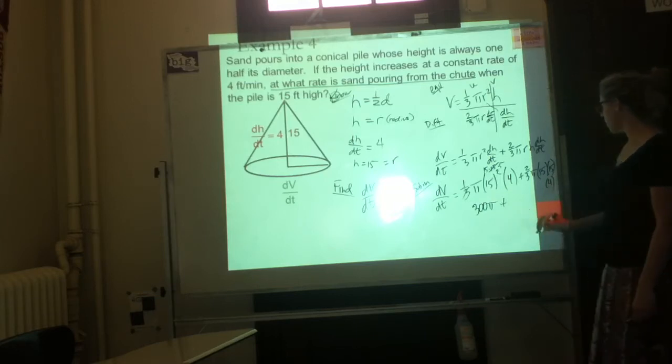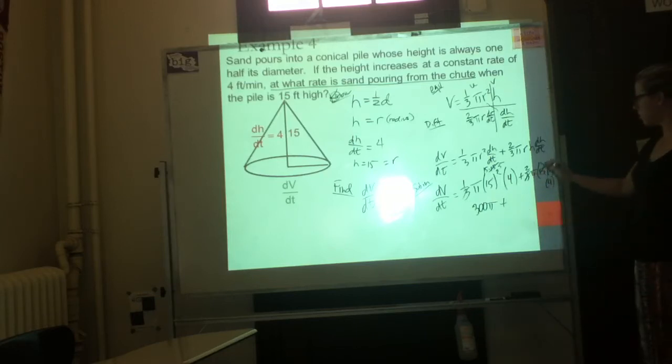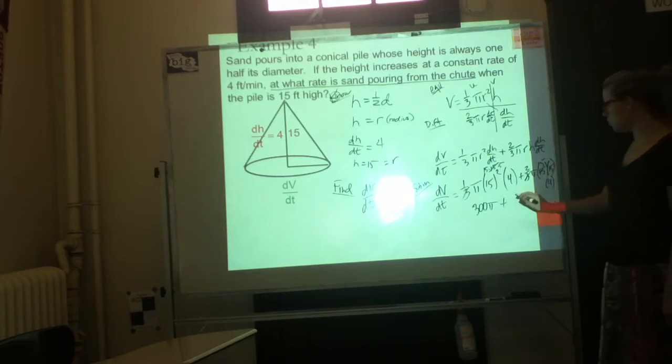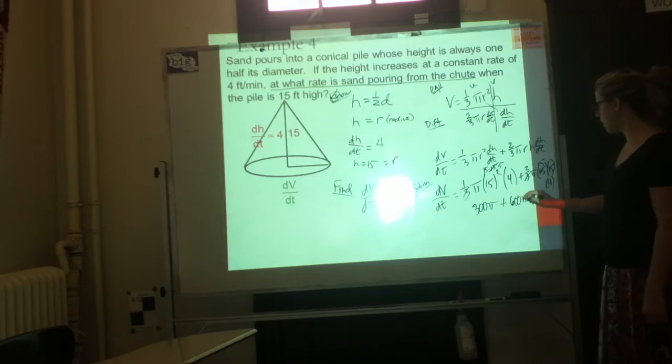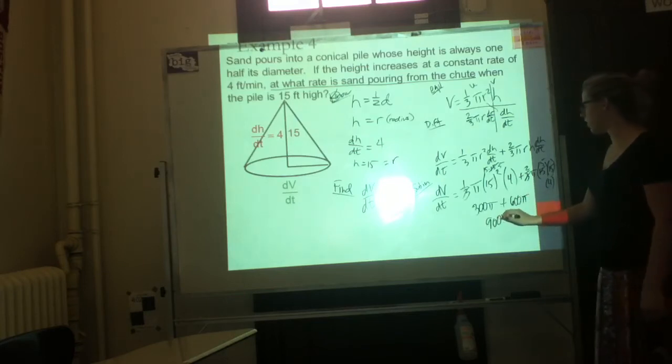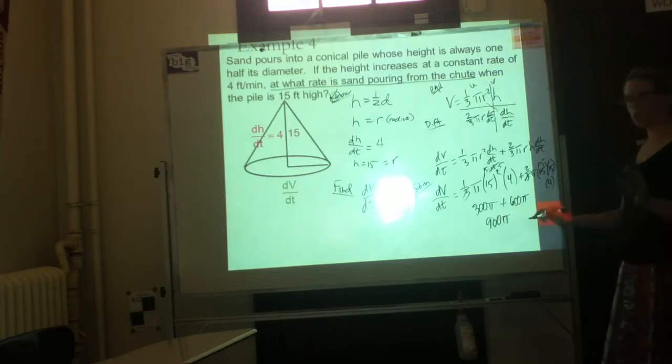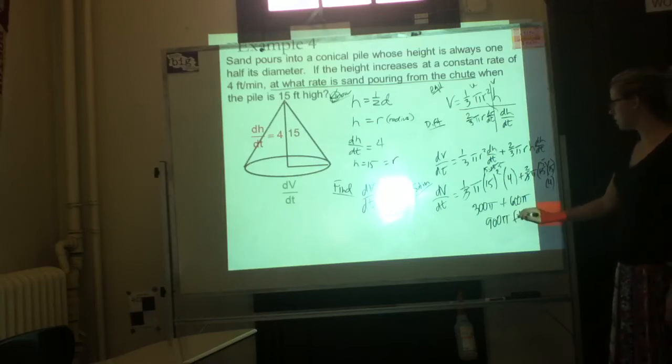And here, I'm also going to take a third of one of these 15s and make it a 5. 75 times 4 is 300. 300 times 2 is 600 pi. So that's how I get my 900 pi. And my units are feet cubed per minute.